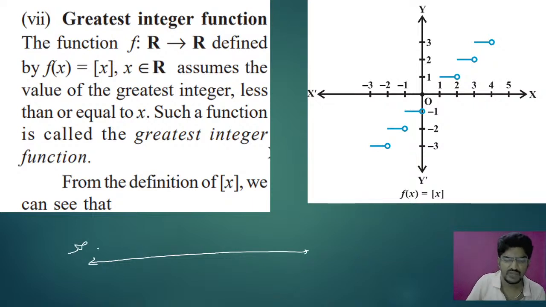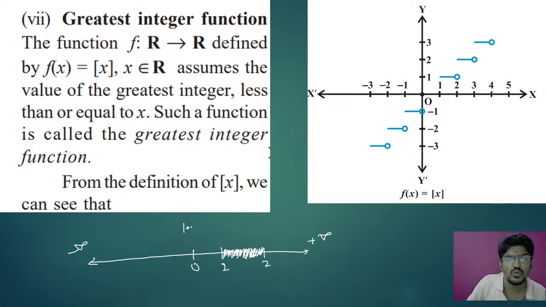This is negative infinity. This is positive infinity. This is 0. I will take 1 here, I will take 2 here, and I will choose any number in between 1 and 2.